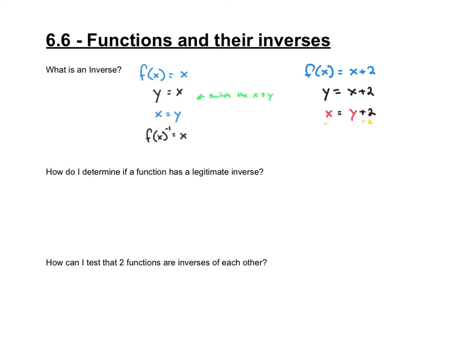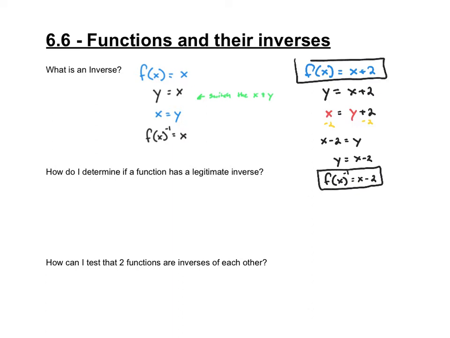So I'm going to subtract 2 from both sides. So then I get x minus 2 is equal to y. Reconvert it, so it's y equals x minus 2. And then we put the notation f of x inverse, because we did something to it, is now this. So the inverse of the function is x minus 2, where the regular function was x plus 2, right?